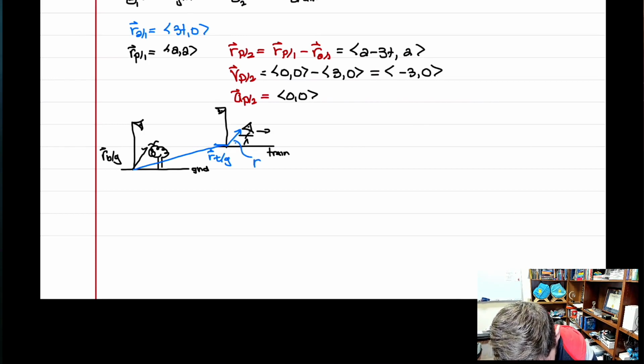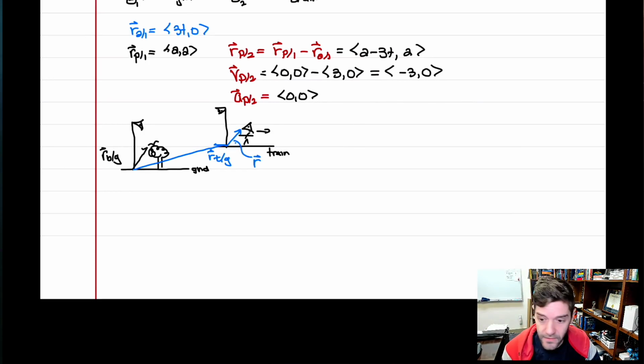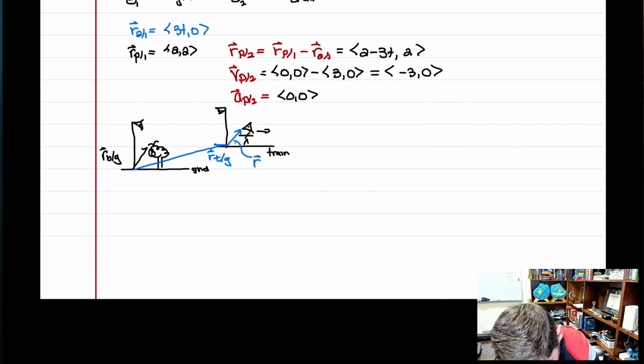Maybe this is the position of, I don't know, what should I call this person? I guess I could use P, the person relative to the train. And then that person as they walk could look out the window and observe a bird. And then that would be bird relative to person.